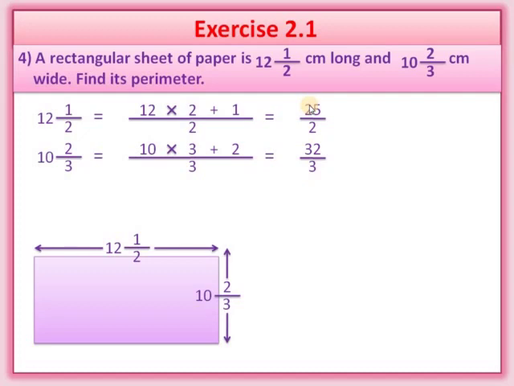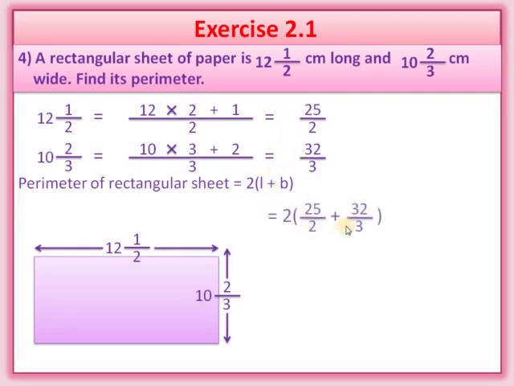Okay, now after converting into simple fractions, then what we have to do, we will apply the formula to find the perimeter, which is equal to 2 into (L plus B). This is the formula, right? So perimeter of the rectangular sheet is equal to 2 into (25/2 plus 32/3).